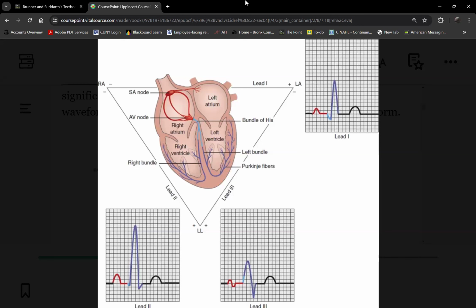Will you ever have cardiac output? Will you have any blood pressure? Nothing. So is the PR interval important? Yes. Who makes the PR interval possible? The AV node. The AV node delays the impulse transmission, and as a result, we have the PR interval.